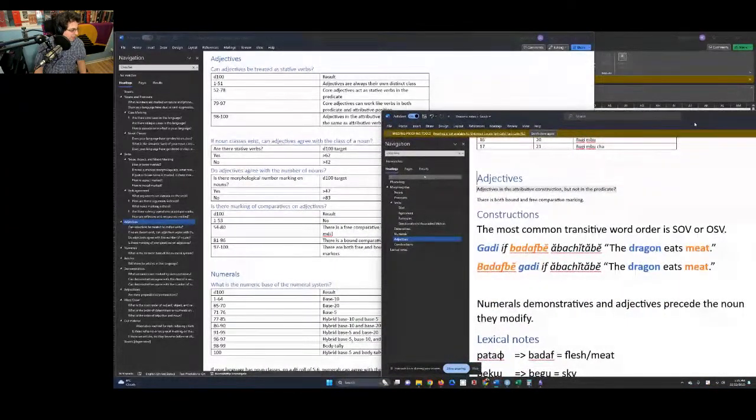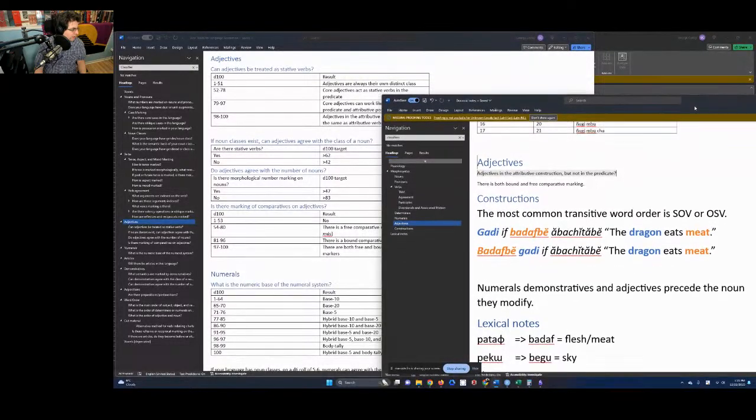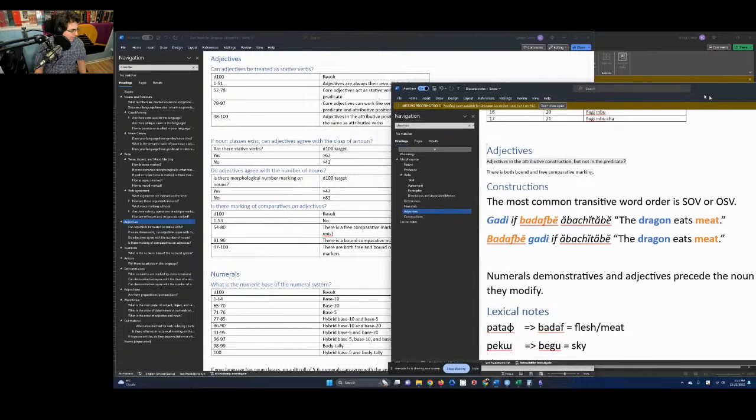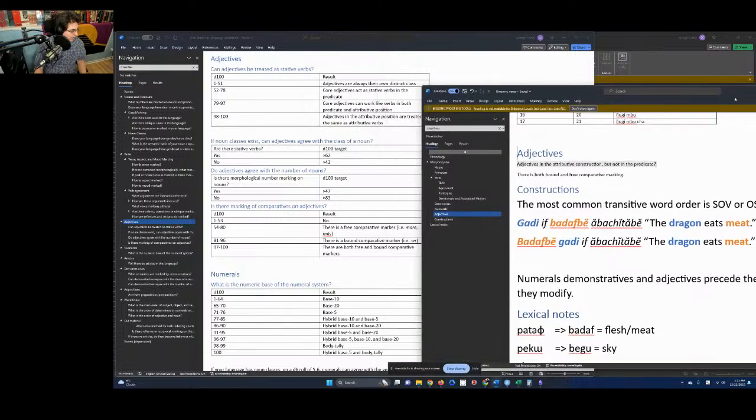I have not decided whether the class of a noun. I don't have noun classes. I did the comparatives.